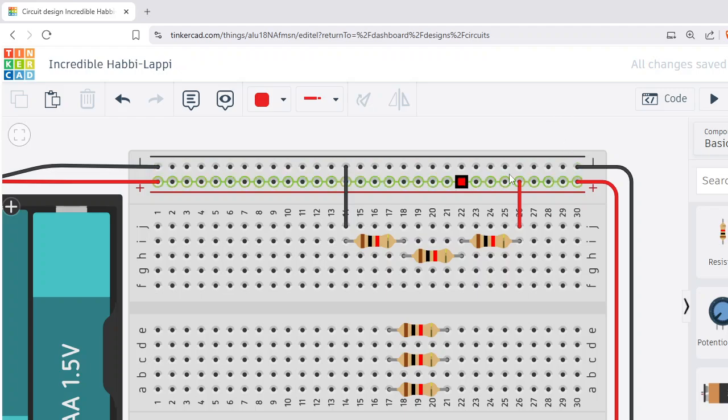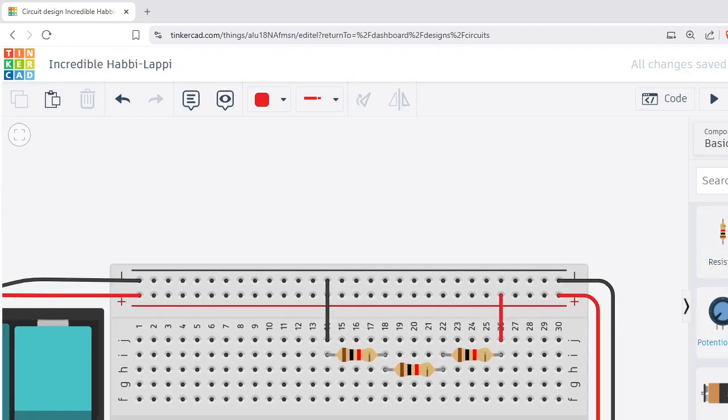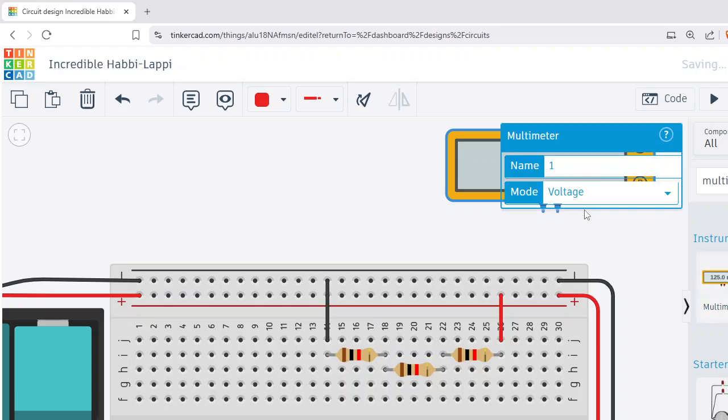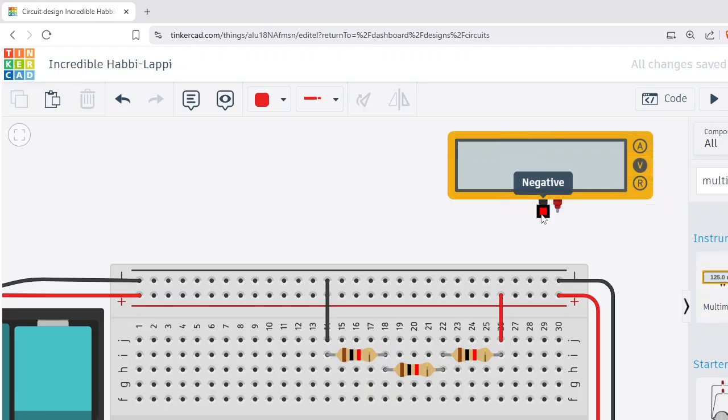So what we'll do is bring a multimeter here and connect it to the negative side and the positive side and see what the voltage does. It is actually giving the voltage at the moment.